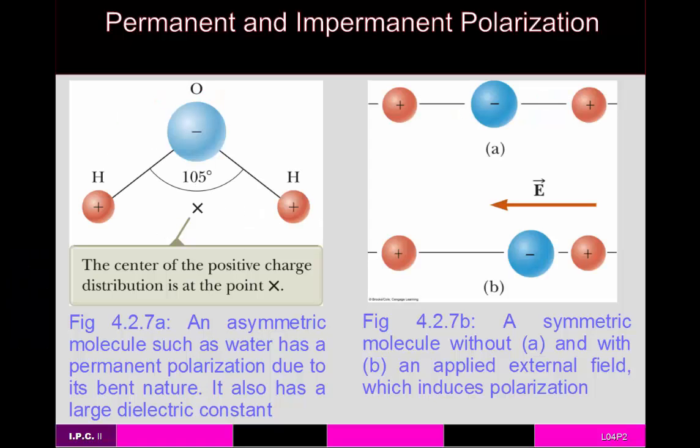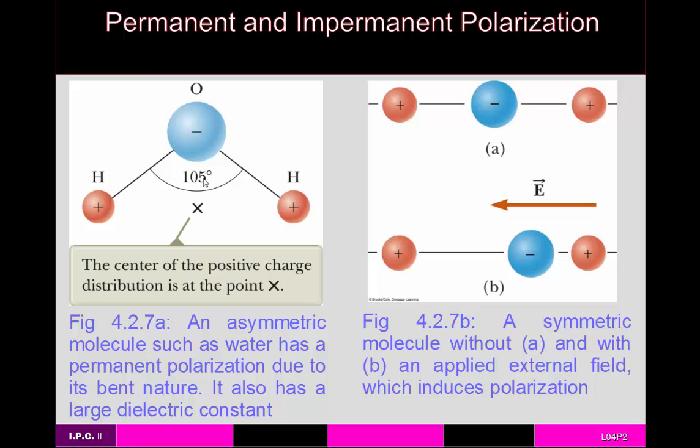Alright, so this brings up the two basic types of molecules that you can get with regard to polarization, one of which is a molecule that has a permanent polarization. So water is such a molecule. There's actually an asymmetry to the way that the molecule is built.